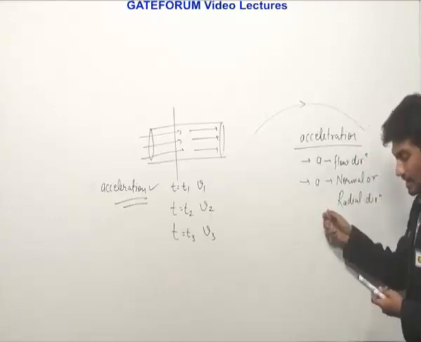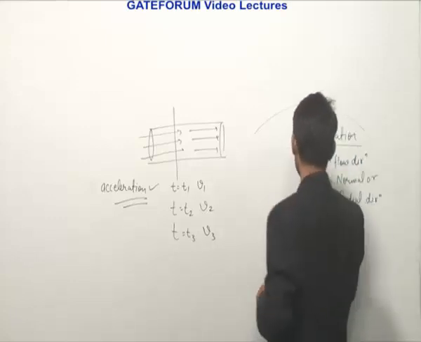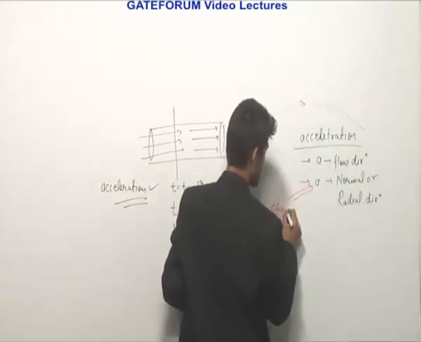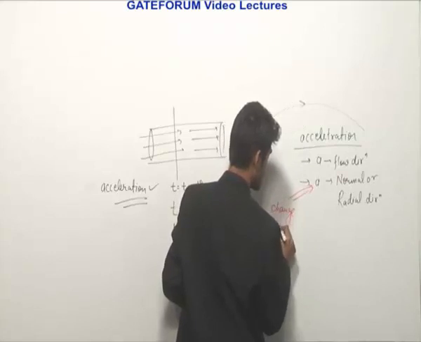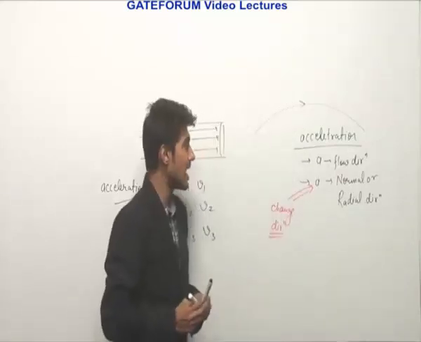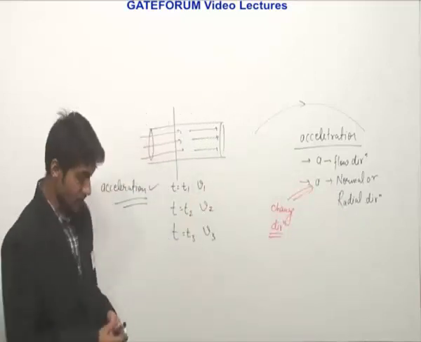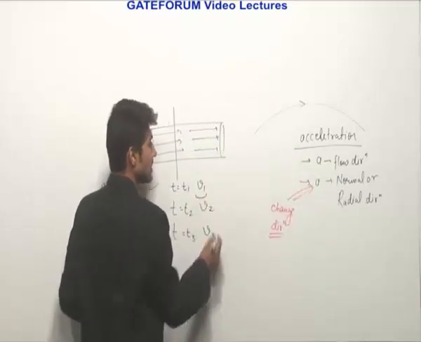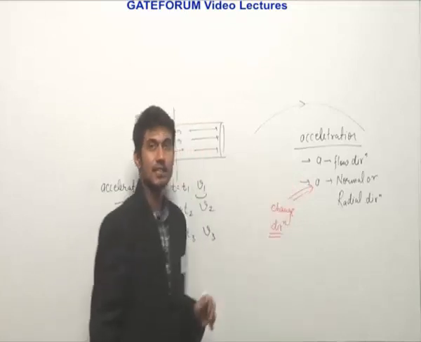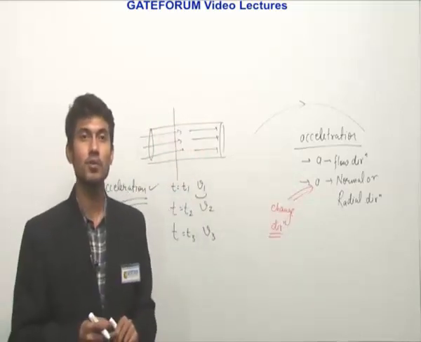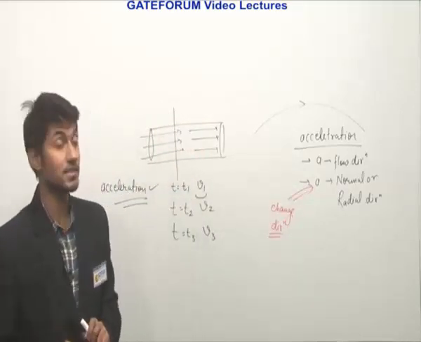This radial direction acceleration is required to change direction, and this flow direction acceleration is required to change the magnitude of the speed. So there will be accelerations. Yes, it is true. So when flow is unsteady, both normal and tangential components of acceleration will occur.